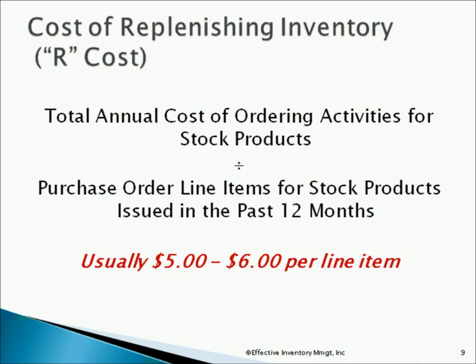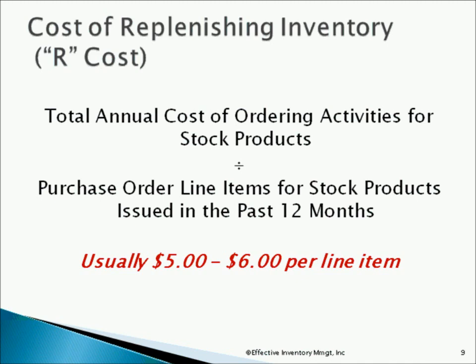How many items did you buy? Now, I am not talking about how many pieces did you buy, how many line items did you buy? How many times did you buy a product regardless of the actual quantity sold?